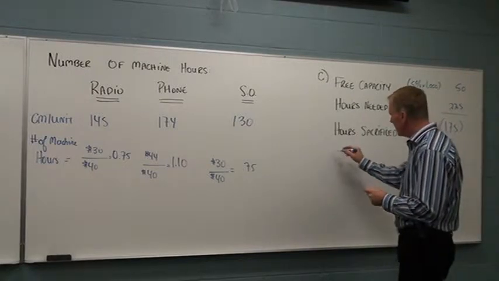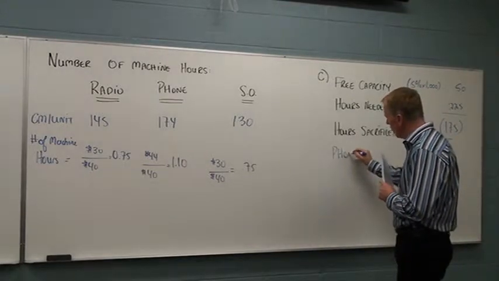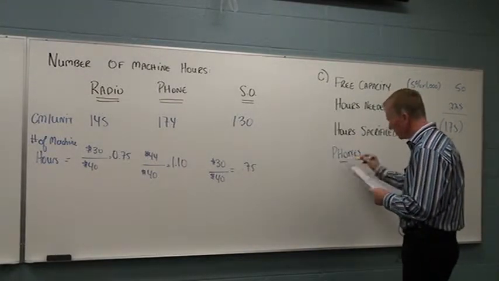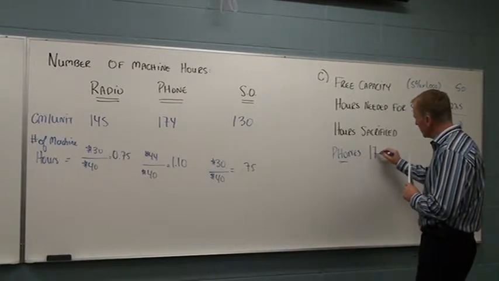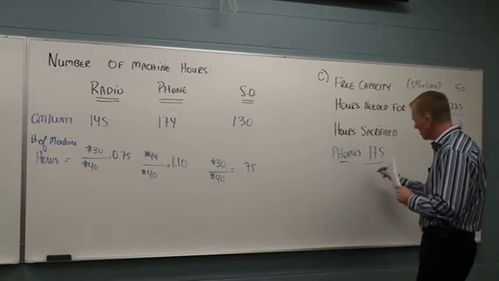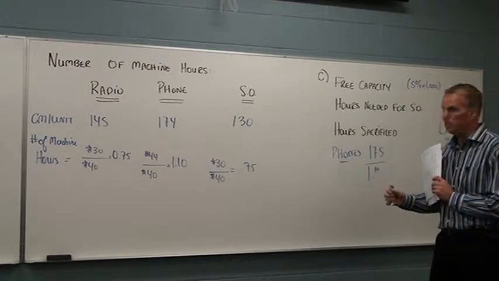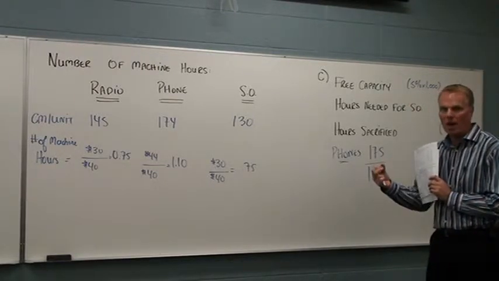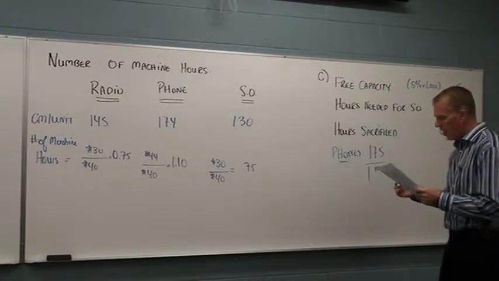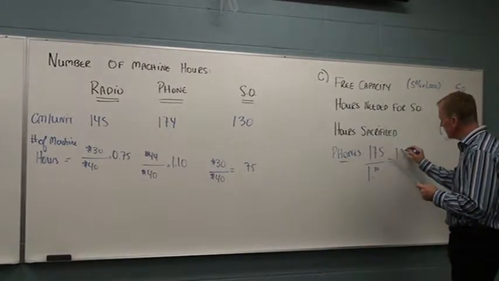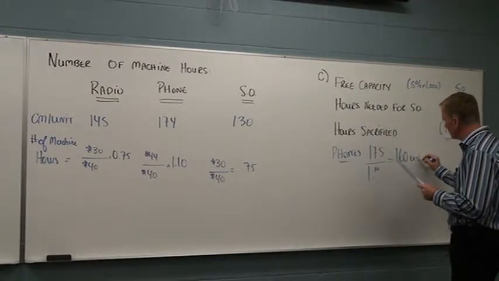So if we look at this from the phone's perspective, we know that we have to sacrifice 175 hours. And each phone requires us to use 1.1 hours. Therefore, we're going to have to sacrifice 160 units.